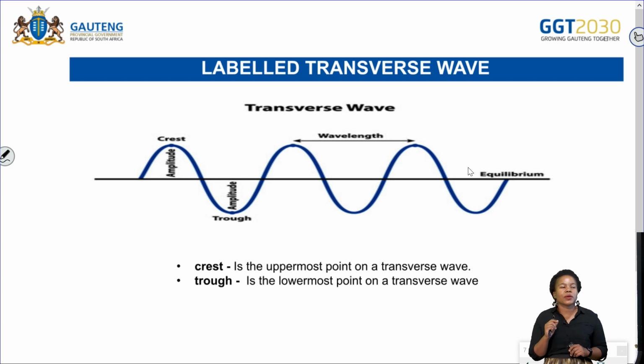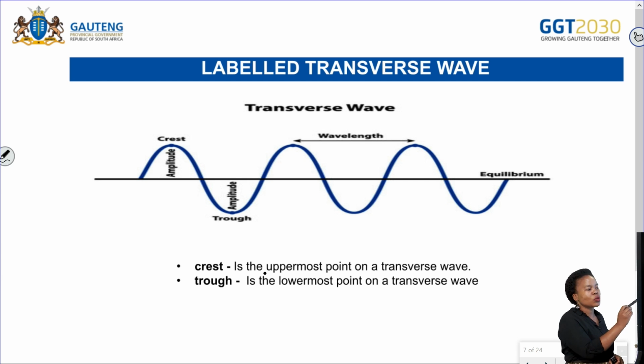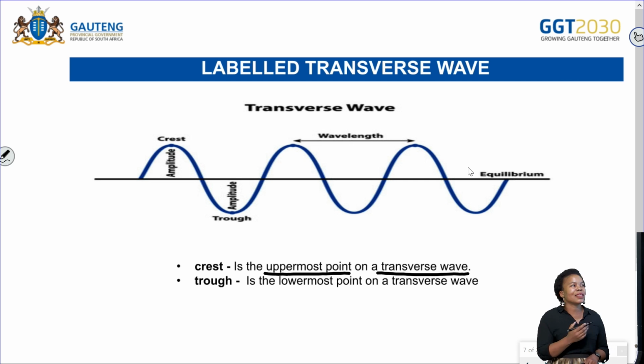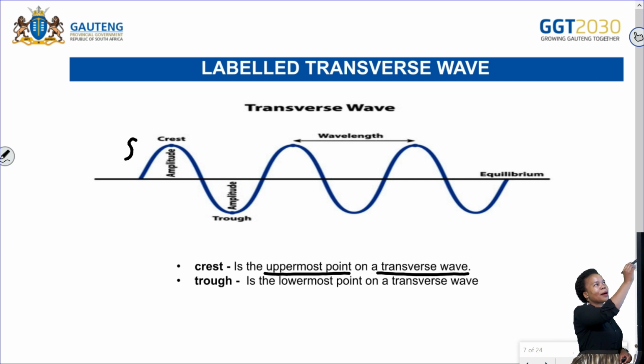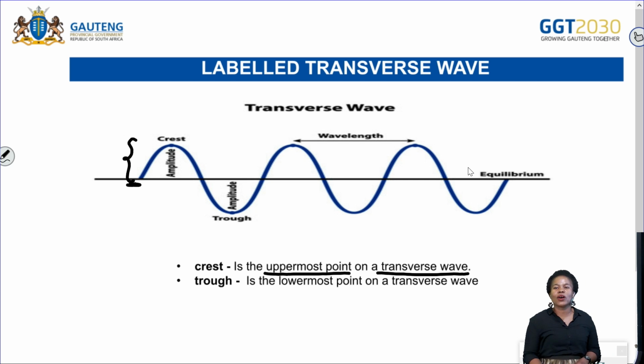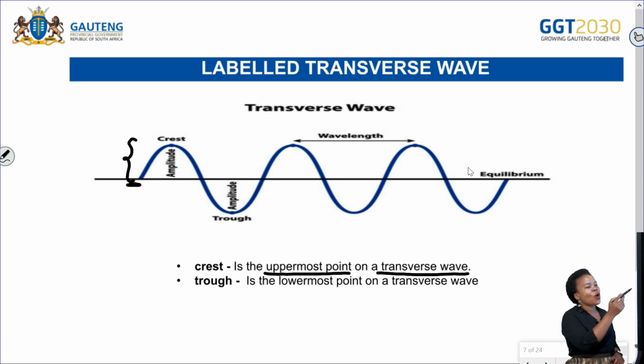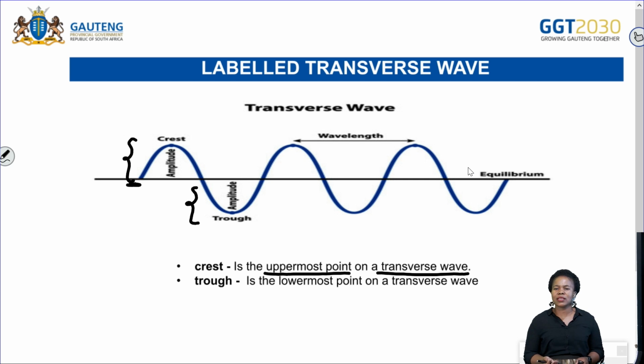Okay, so a crest is the uppermost point on a transverse wave. When we say the uppermost, you're going up from the rest position. And then the trough is the lowermost point on the transverse wave. I usually say, when you are mentioning your alphabet, you say A, B, C. C comes first.